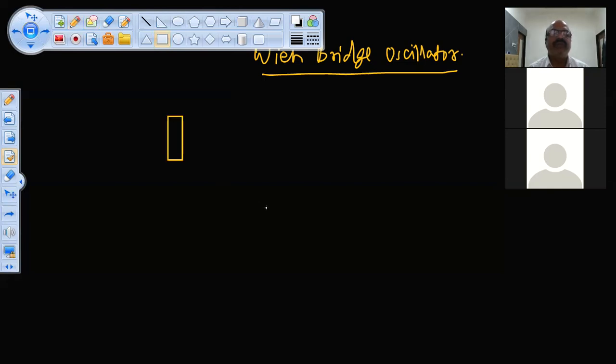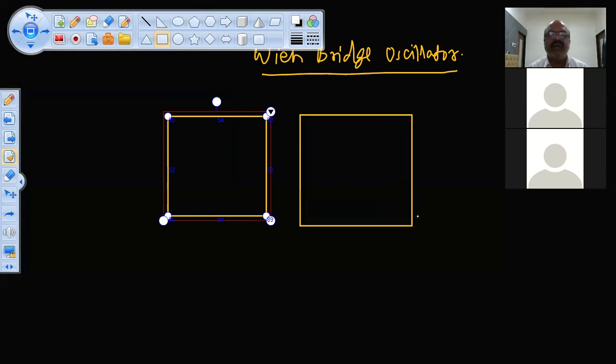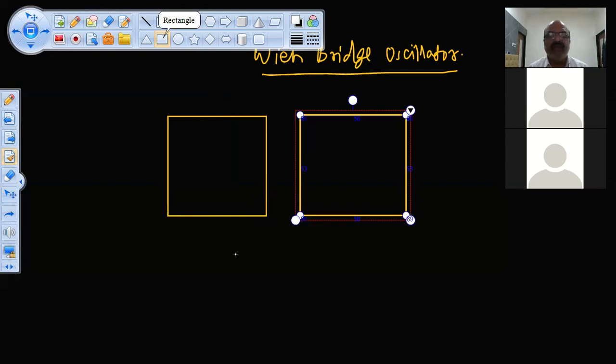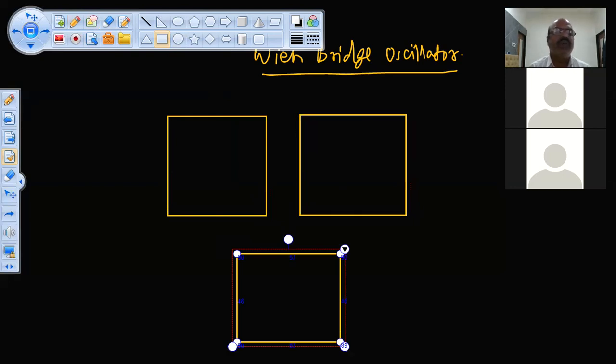So this is basic amplifier number 1. This is basic amplifier number 2. And this is the feedback network. So this is a 3-block system, you can see.